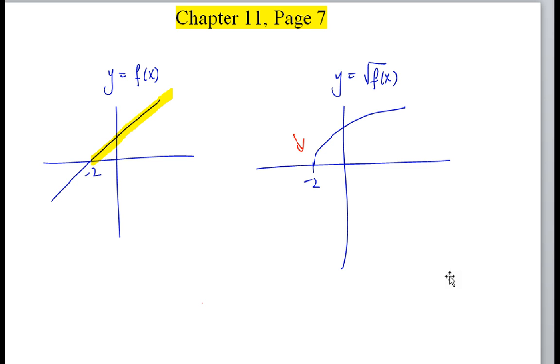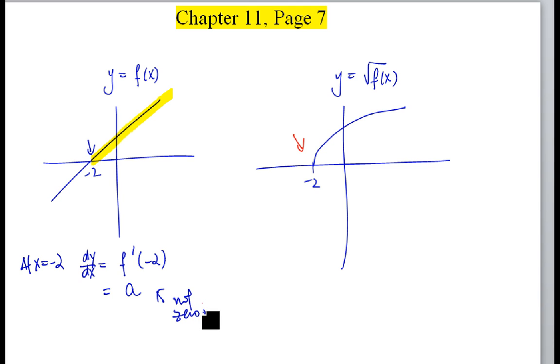I'm trying to explain one more time, okay? Remember this, right? dy dx at x equals to -2 is f prime -2. The gradient at this point is f prime -2, which we assume to be some value a. That means not 0. Now, we want to explain why the gradient here is vertical.